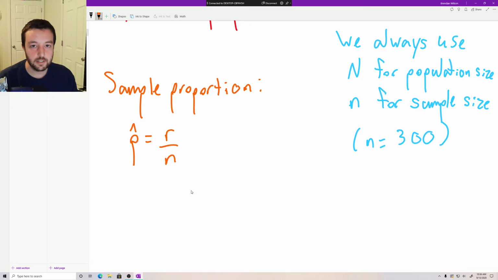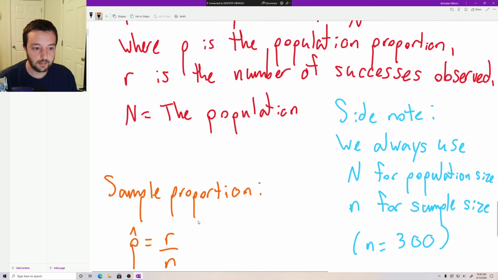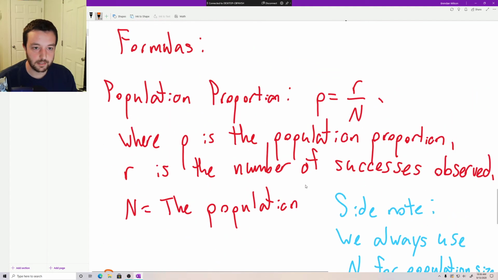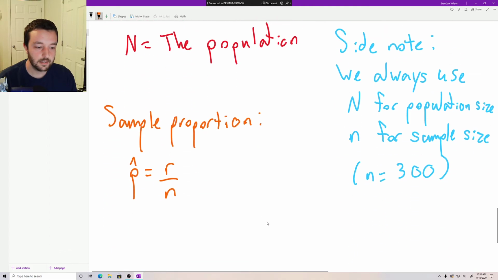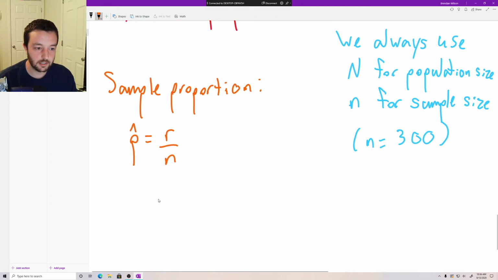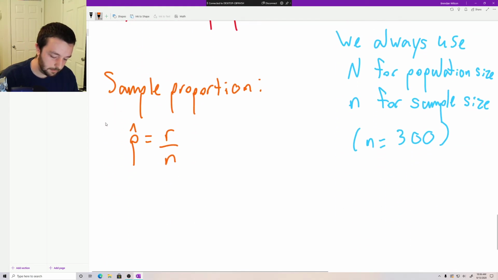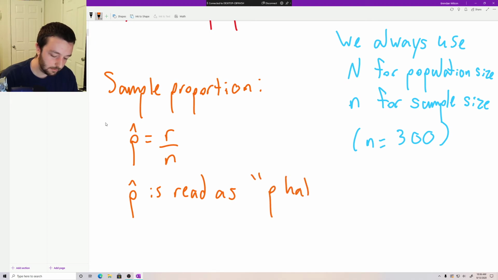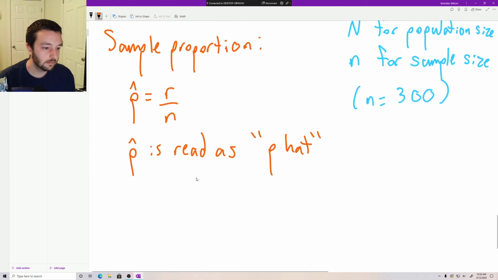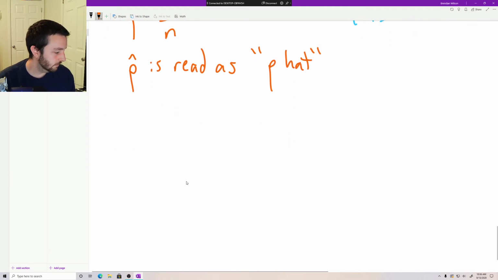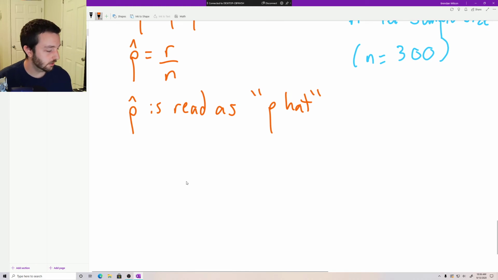So really the only difference here is that we're using little n instead of big N because we're calculating it from the sample instead of from the population. Okay, so that's the only difference. And then we use a different letter so that we know these aren't exactly the same thing. So P hat is read as P hat. Okay, but they're the exact same things. And yeah, there's literally no difference though.